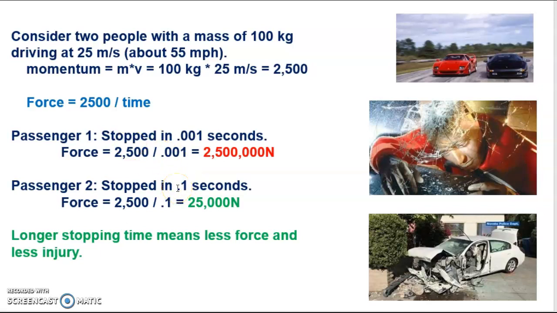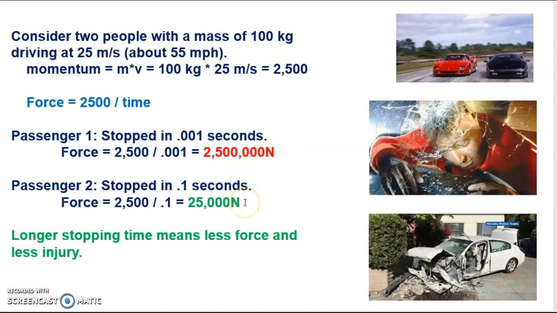And so in this case, they stop in 1/10 of a second, 0.1 seconds. And the force that the driver in this case would experience would be, well, they had the same momentum to begin with, 2,500, but now we're dividing it by 0.1 seconds. So the force that they experience is 25,000 newtons. So this is still a large force, but it is nowhere near as large as this force.